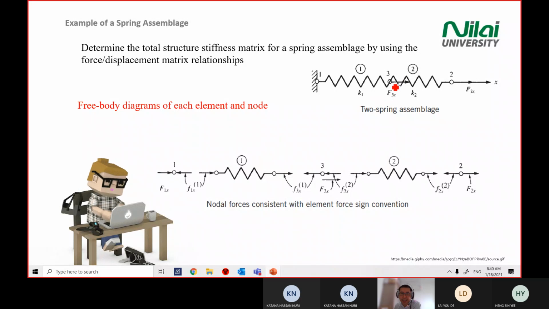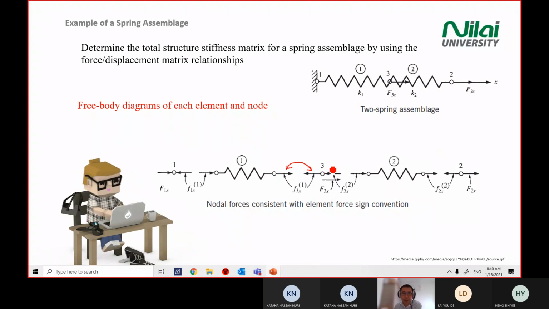The F3x is confirmed for sure that it goes to the right. So the direction for point number 3 is to the right. Then you counterbalance for node number 3. So this one goes to the right, then there's a component that counterbalances this point. That's why we draw an arrow to the left for point number 3.